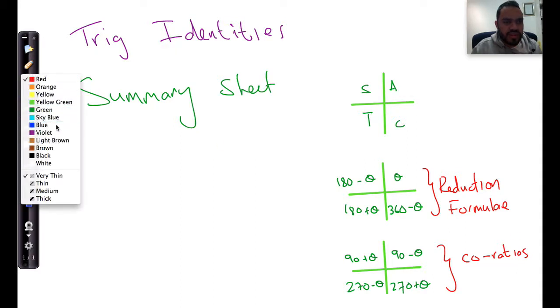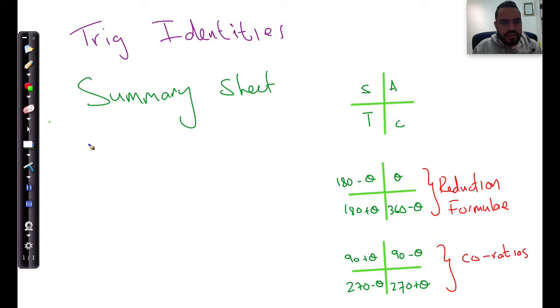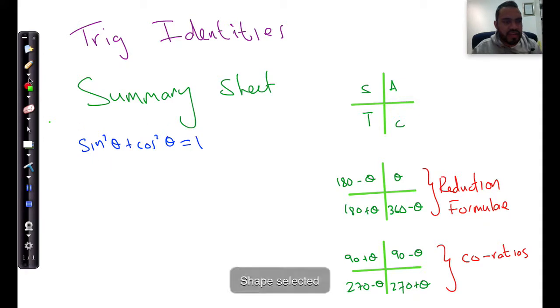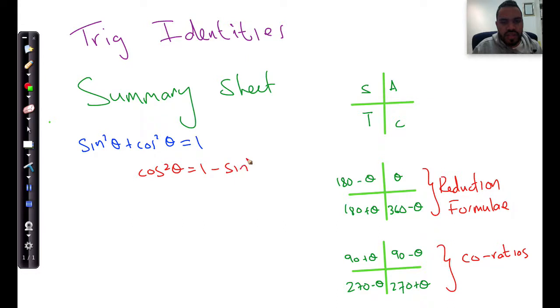One of them was sine squared theta plus cos squared theta is equal to 1. And the other identity, remember here, we find that there are two identities derived from here. That's going to give you cos squared theta, the first one, is equal to 1 minus sine squared theta.